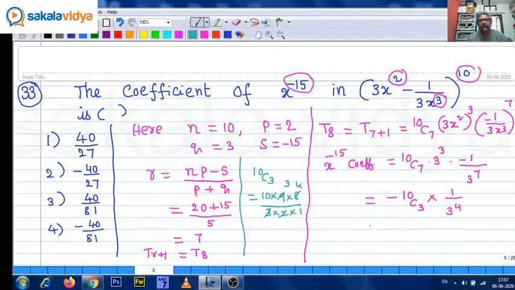So minus 120 into 1 by 3 into 3 cube, 27. So that will be minus 40 by 27. That means the second option is the right option. Right.